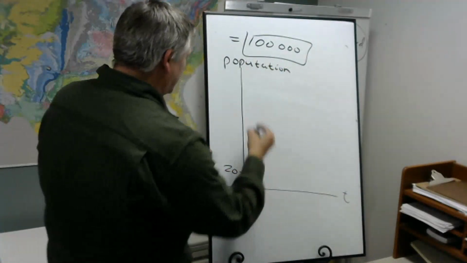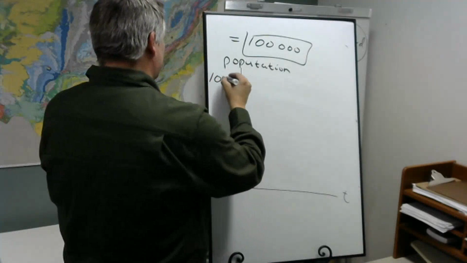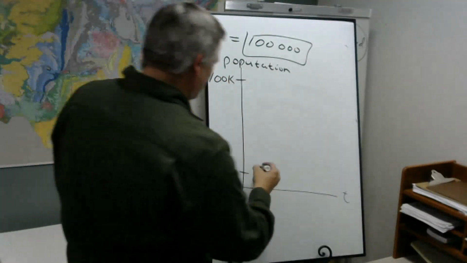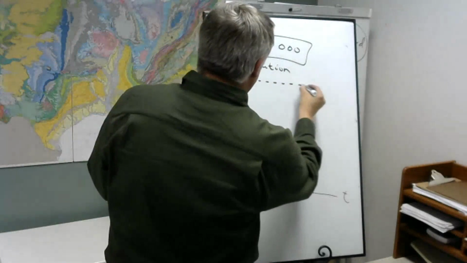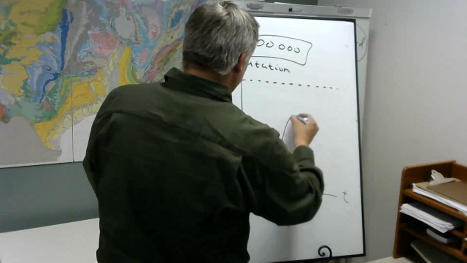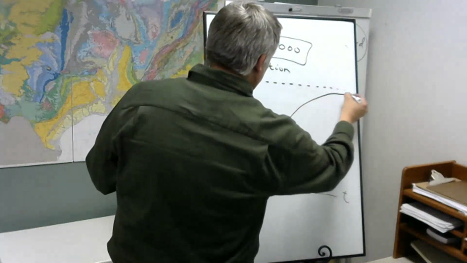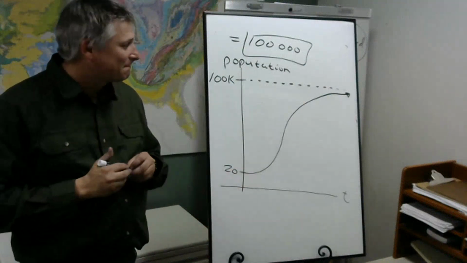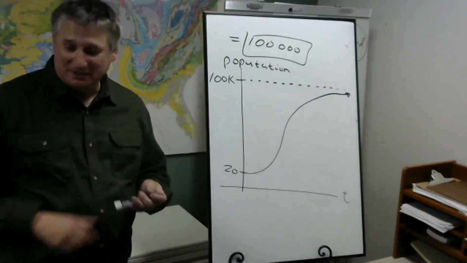So we start out at 20. I'll call this 100K for 100,000. And this is going to act as an upper limit. And so we're probably doing something like this, where we're going to try to level off at 100,000, starting at 20. All right.